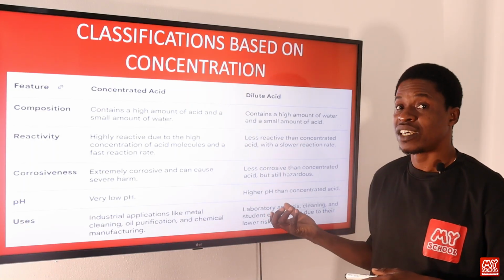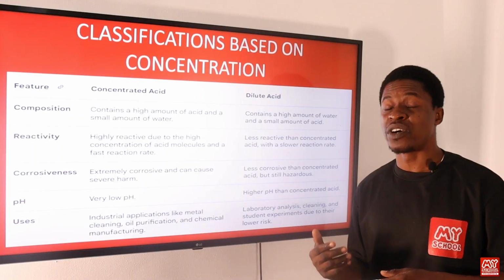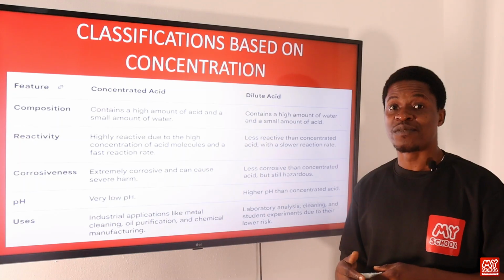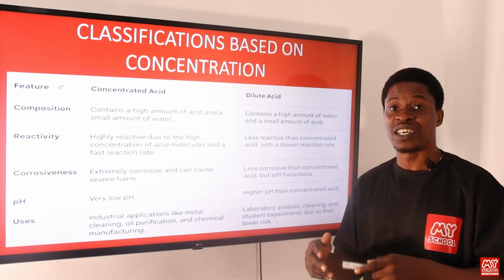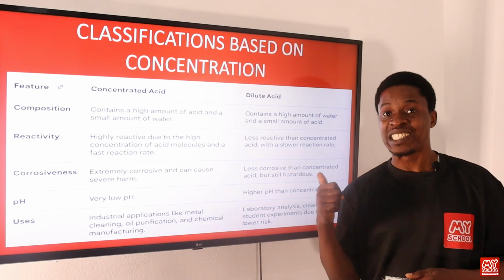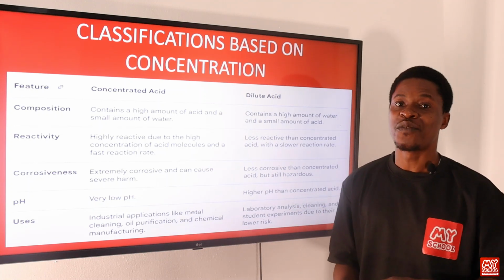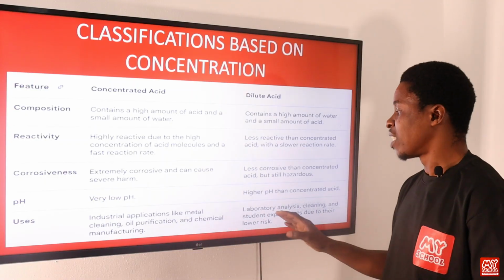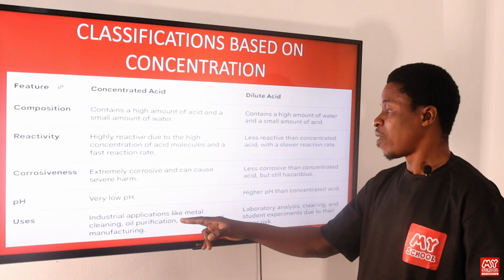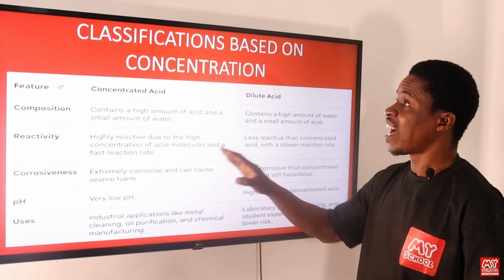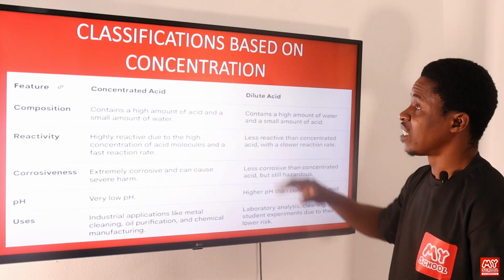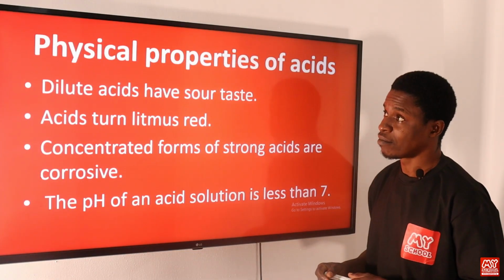Students can handle this, especially for instance 0.005 mole per dm cube of HCl, which is not as strong as having 95% HCl. So the students can handle this easily, but it must be under the supervision of the teacher. So these are the differences between concentrated acid and what? Diluted acid. Let's move on to the next slide now.